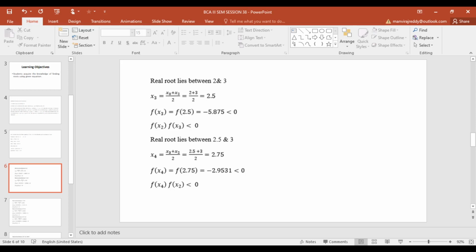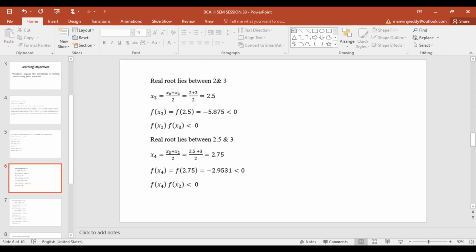Then in the iterative method again we go for a root x4, that is x2 plus x3 divided by 2, that is equal to 2.5 plus 3 by 2, it is 2.75. Now we measure f of x4, f of 2.75, that is equal to minus 2.9531, which is less than 0.